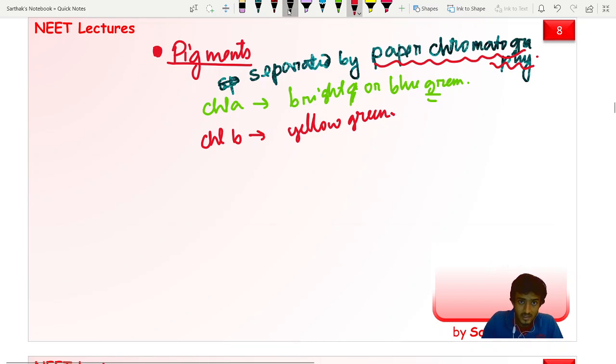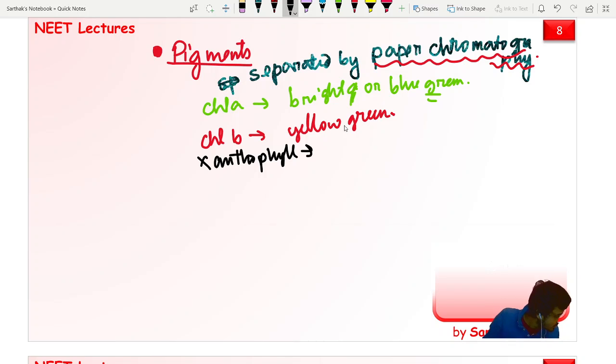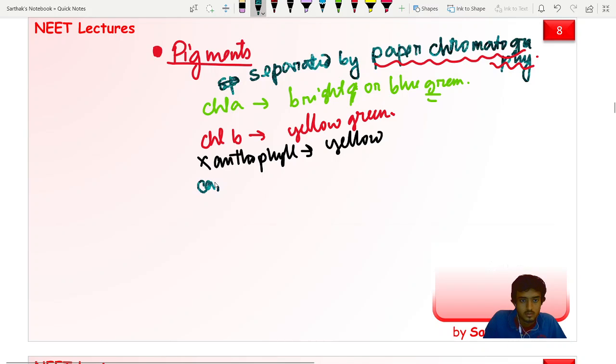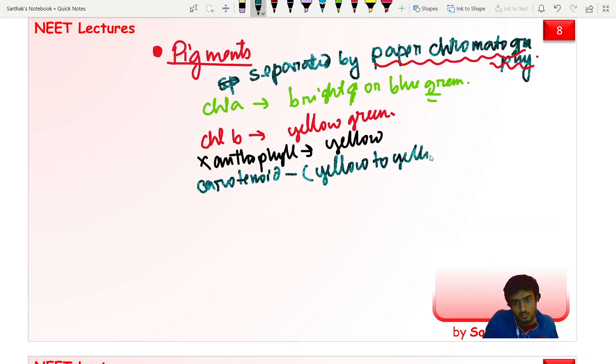Okay, and the xanthophyll is given here as yellow, and the color of the carotenoid is yellow to yellow orange.